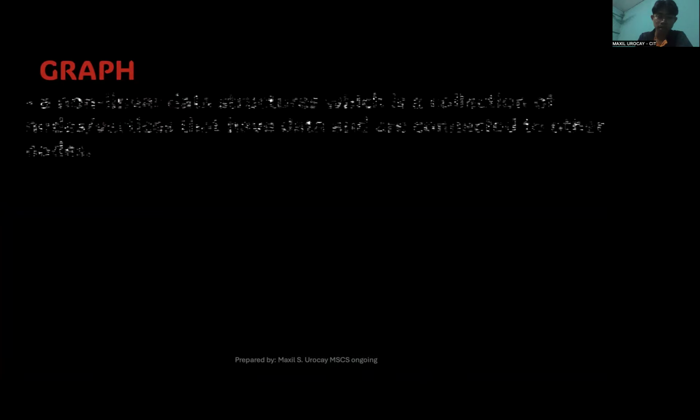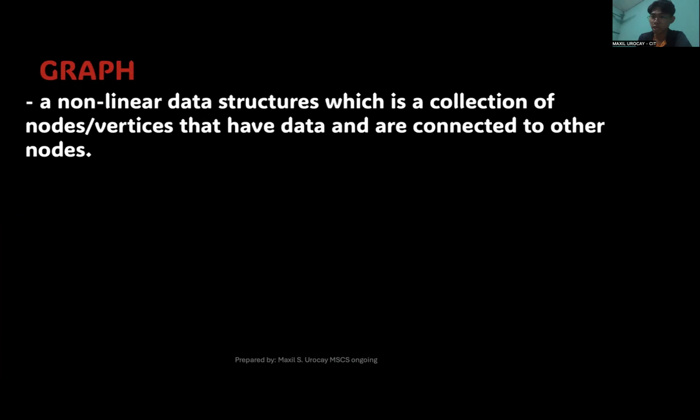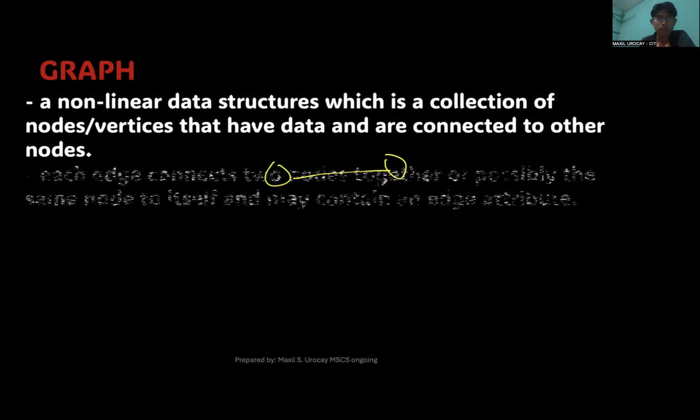Let's define graph. When we say graph, it is a nonlinear data structure, which is a collection of nodes or vertices that have data and are connected to other nodes. So that's what a graph means. In our graph data structures, a vertex or a node is connected via connecting links or edges.